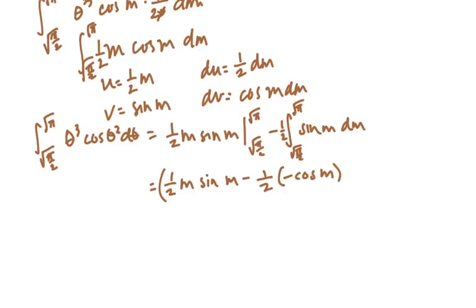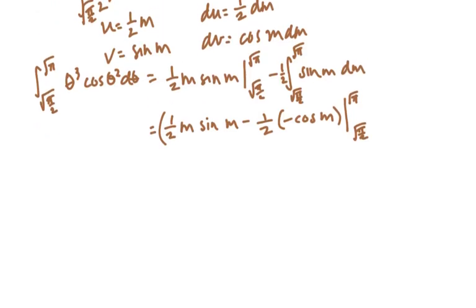On my paper, I skipped this step from the square root of pi over 2 to the square root of pi. So if I were doing this, I would skip it. I'm okay if you skip it. This is 1/2 m sine of m plus 1/2 cosine of m from the square root of pi over 2 to the square root of pi.